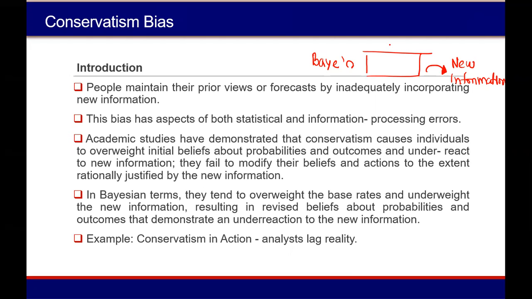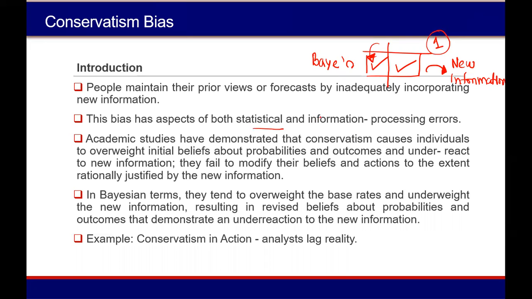In your existing probability, there are two components: one is existing information, another is new information. If you do not properly weight new information, you are overweighting existing information and underweighting new information. Yes, sir. That is how it is related to statistical processing.